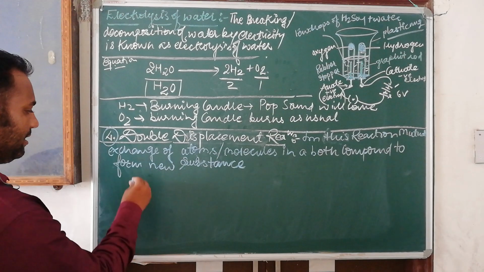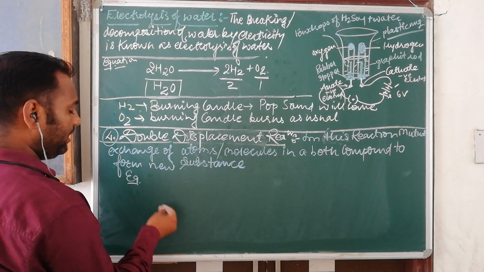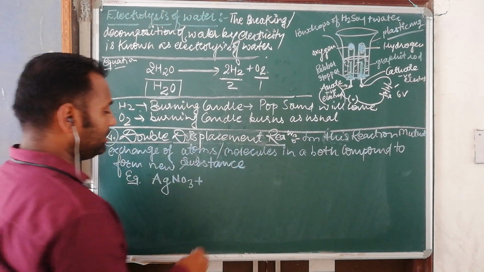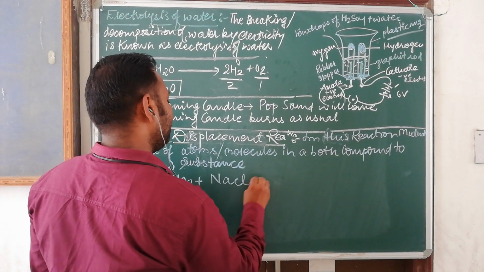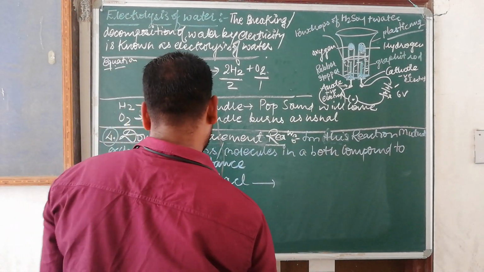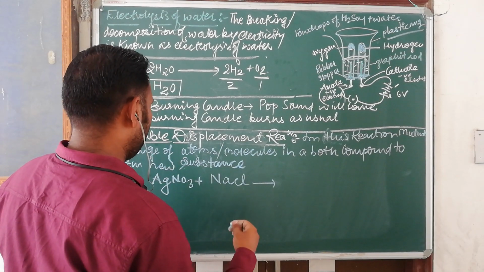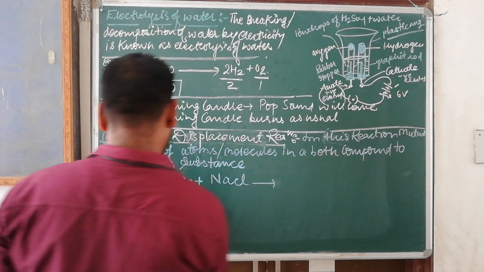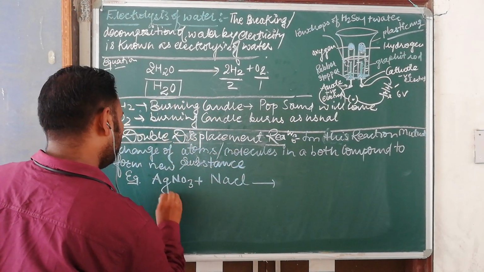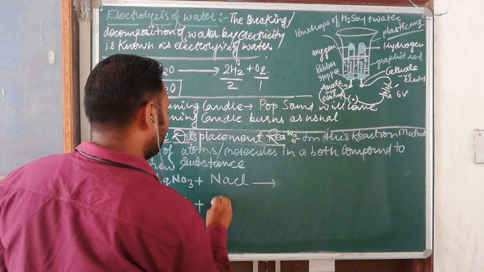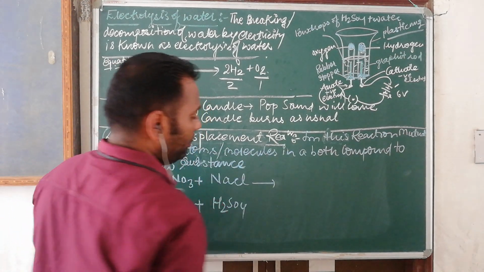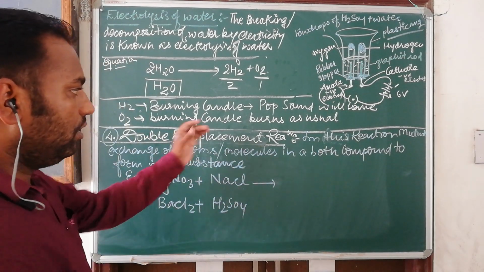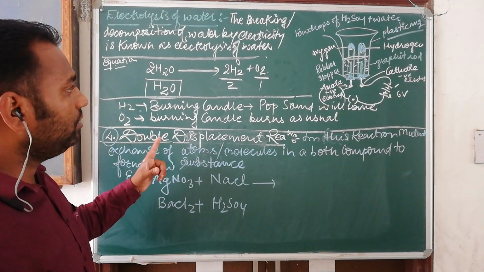For that we have many examples, like AgNO3 plus NaCl, and BaCl2 plus H2SO4. I can explain how the products are formed.